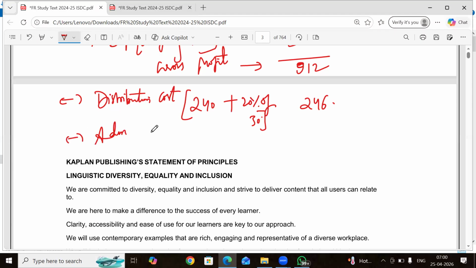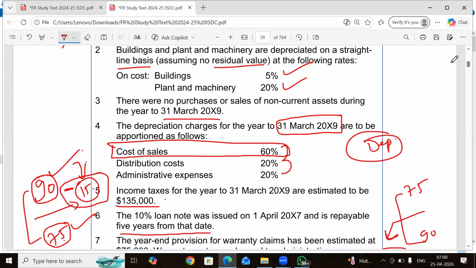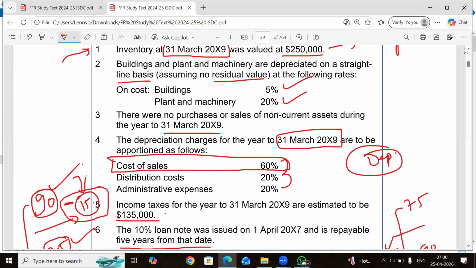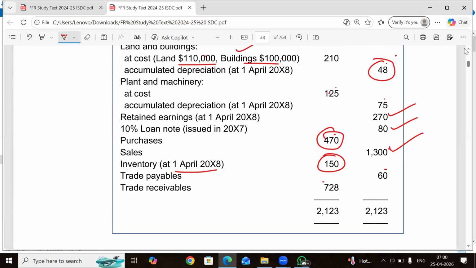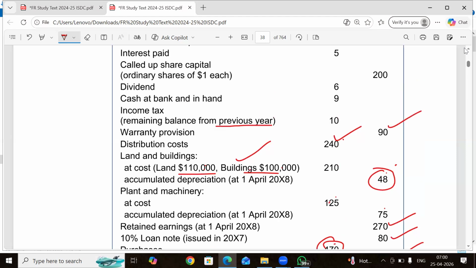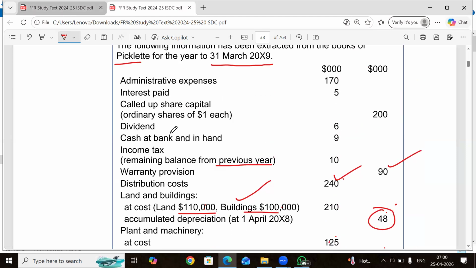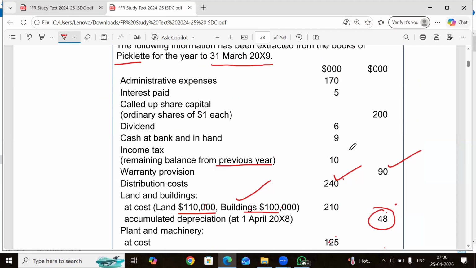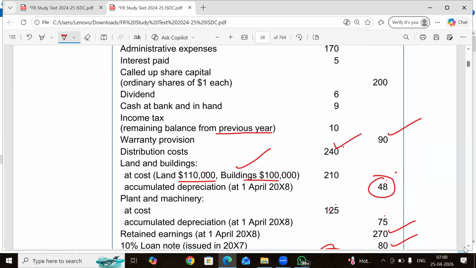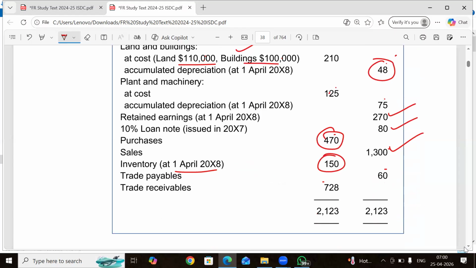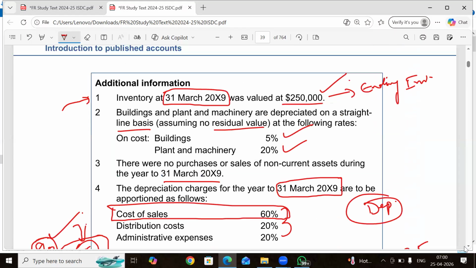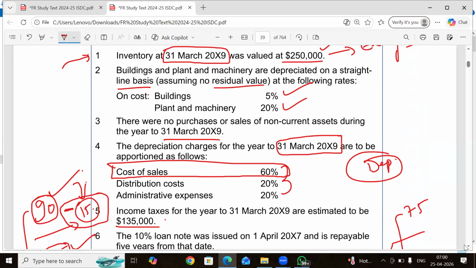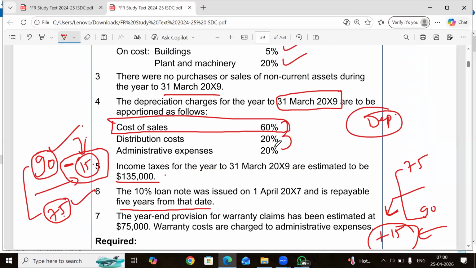Administration expenses. 170 plus depreciation 20%.